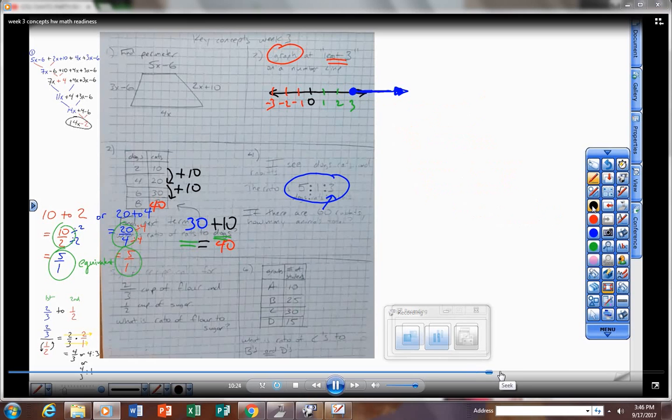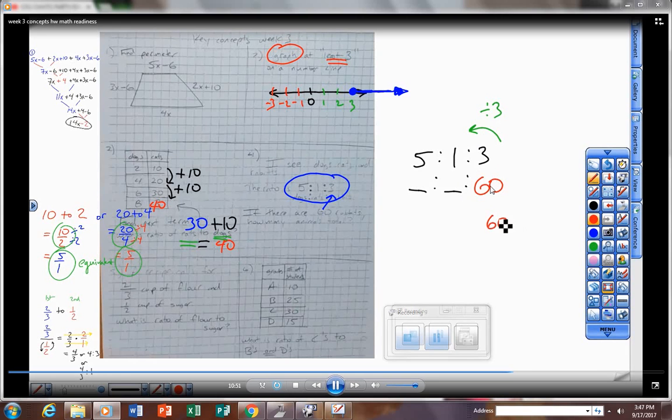Alright, next problem, triple ratio. So the numbers 5, 1, 3 in order, dogs, cats, rabbits. I'm giving you that last number, 60. So if I continue to follow this ratio, to find that middle number, I'm going to the left. So I'm going to take that 60 and divide by 3. 60 divided by 3 will give me that middle ratio, trying to whittle it down to the 1.